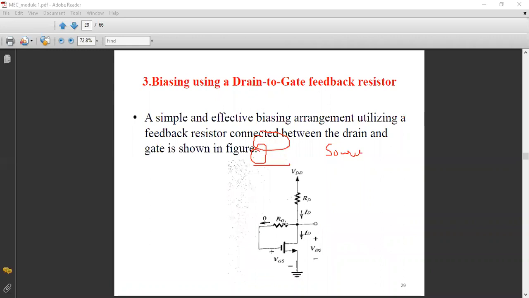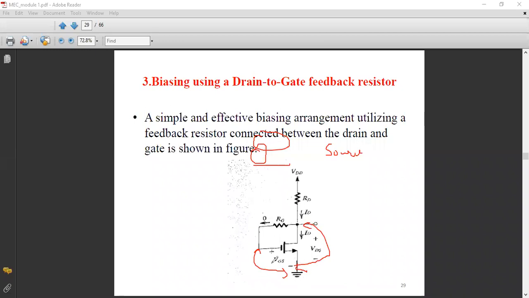So the gate to source voltage is equal to the drain to source voltage. Why? Because the drain is equivalent to the gate and the source is common for both sides.